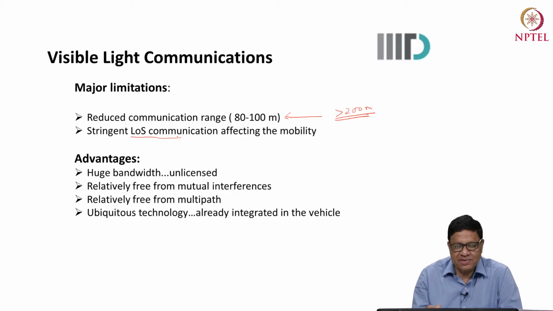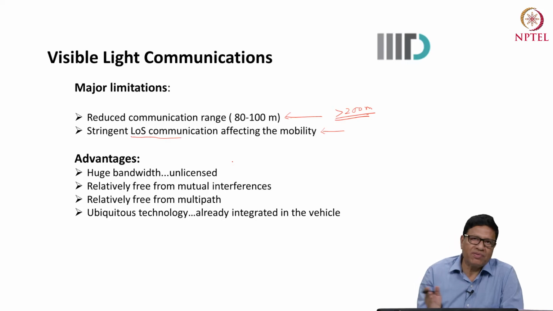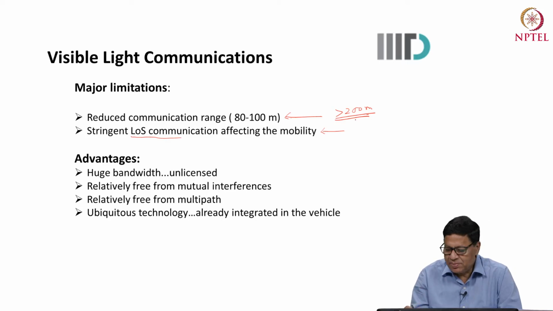But the researchers have given solutions where some sort of mobility can be met. Suppose this is a vehicle here, another vehicle here. Normally you require a LOS, but using some techniques, if the vehicle moves here or here, even then the communication can take place. But these are still limitations: the communication range and the stringent LOS requirement affecting the mobility.